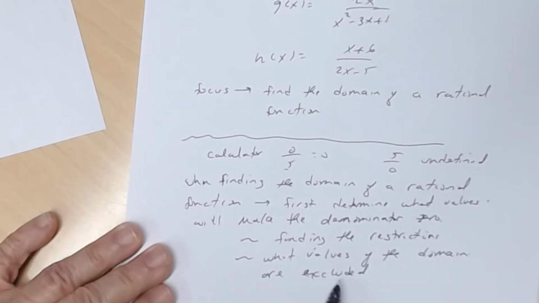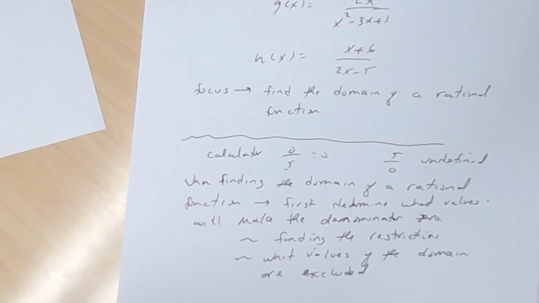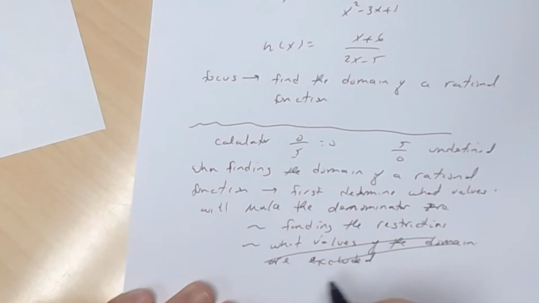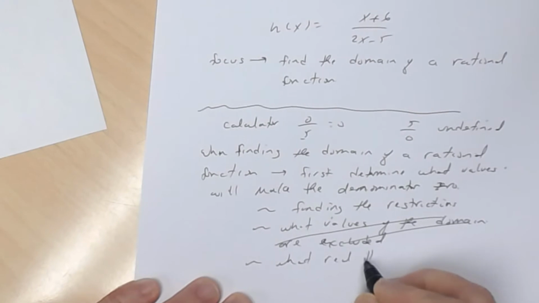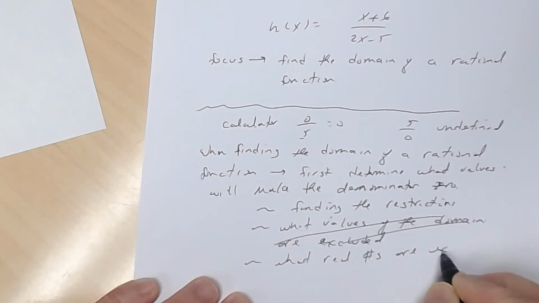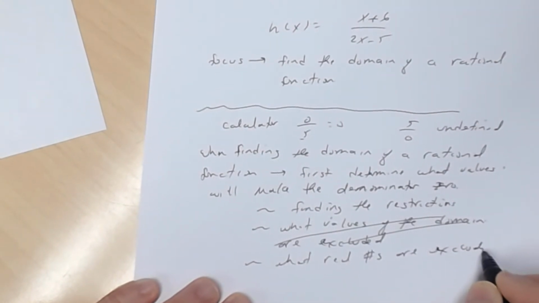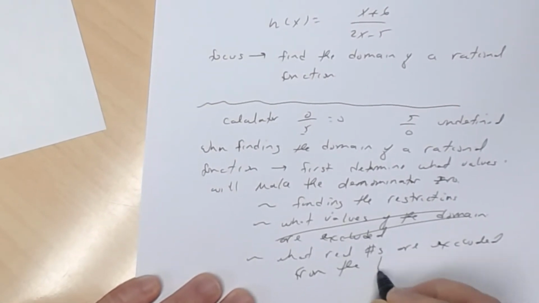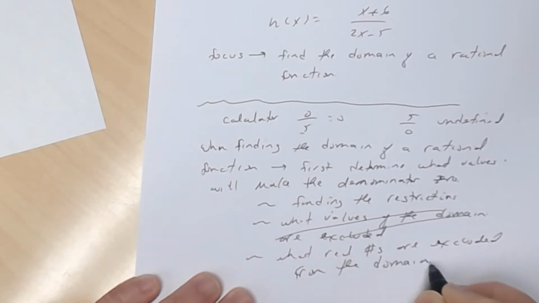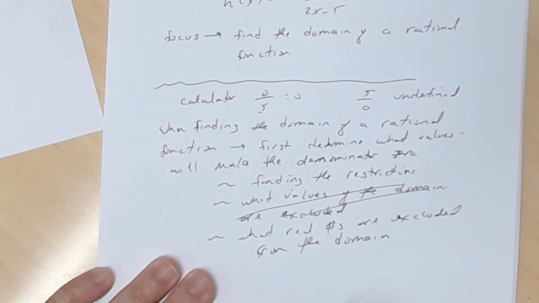So let me rephrase this. Instead of saying what values of the domain are excluded, let's say: what real numbers are excluded from the domain? Let's rephrase it like that.